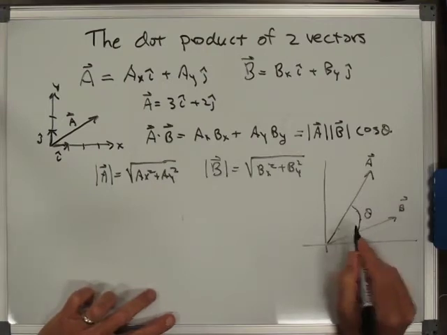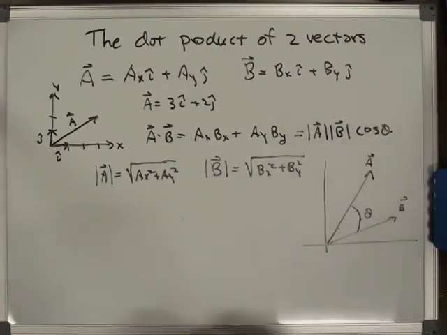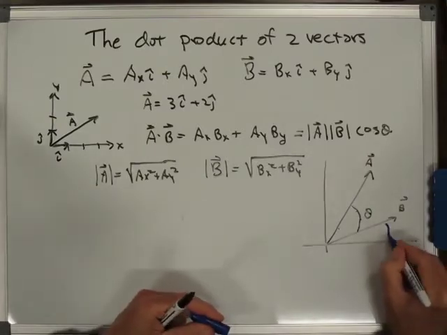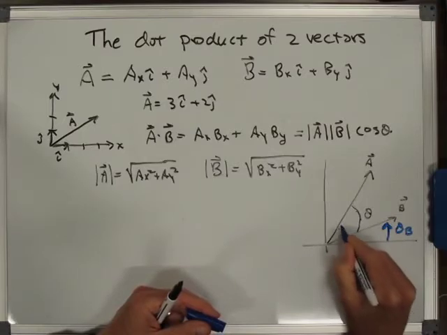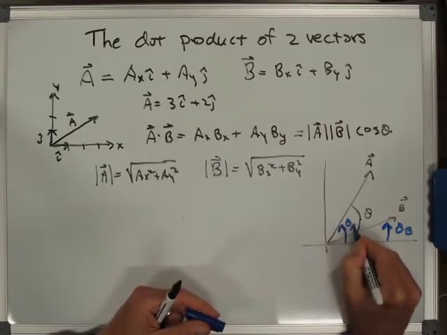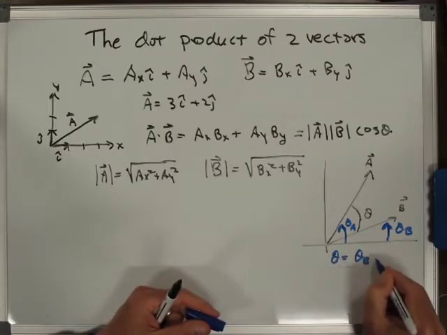And so I'm going to call, let me get a different color here, I'm going to call this guy theta B, and I'm going to call this guy theta A, and I'm going to say theta is equal to theta A minus theta B. Turns out it won't matter.